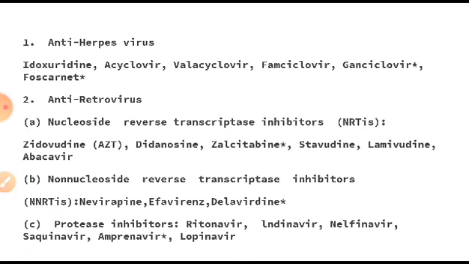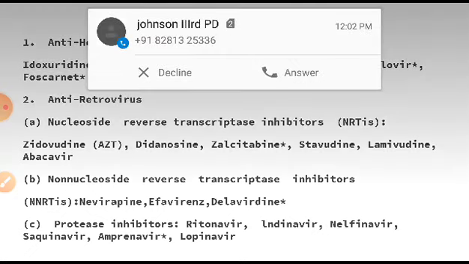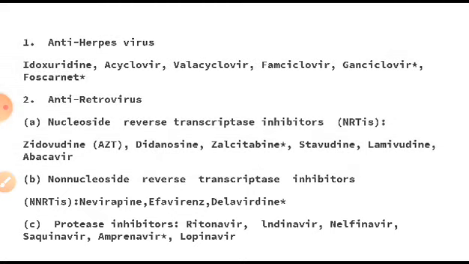First is the anti-herpes virus drugs: idoxuridine, acyclovir, valacyclovir, famciclovir, ganciclovir, and foscarnet. These are anti-herpes simplex virus drugs, called HSV. Second are the antiretrovirals.